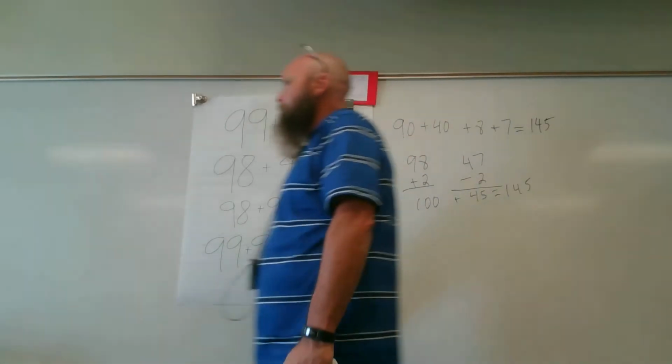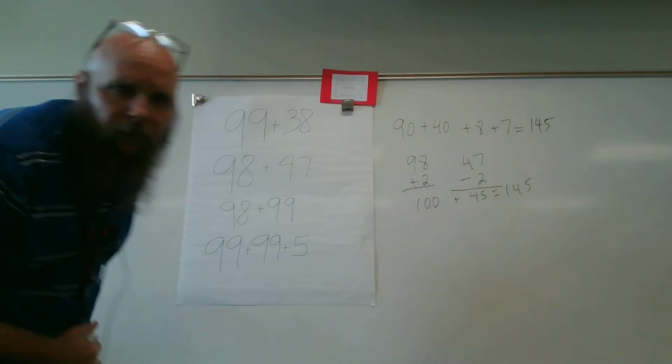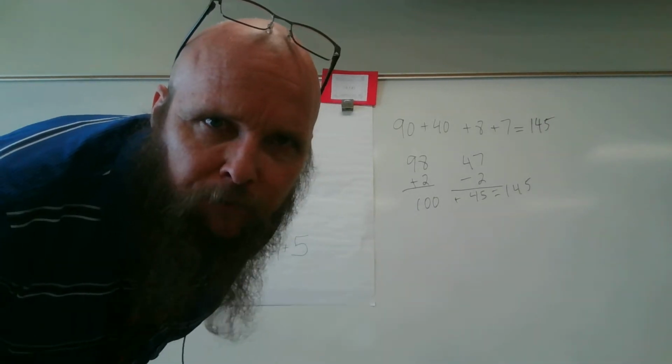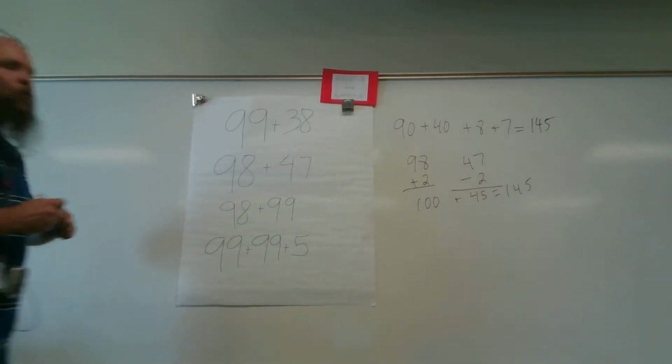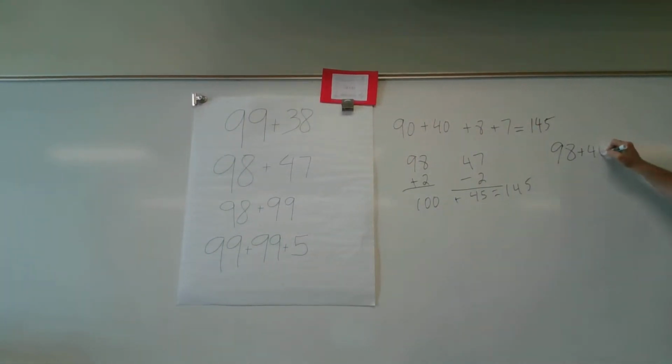Mia, try again. Okay, so this time I'm actually on the right problem. No, you are on the right problem. Good job. I did 98 plus 40. Yes. And then I know that 90 plus 40 is obviously 130. Plus 8 is 138.